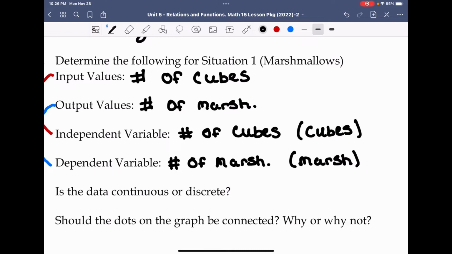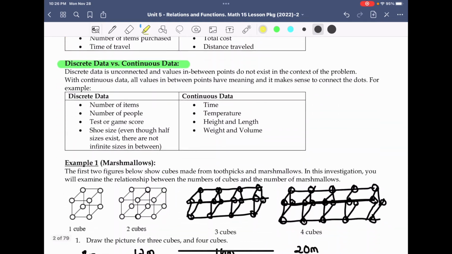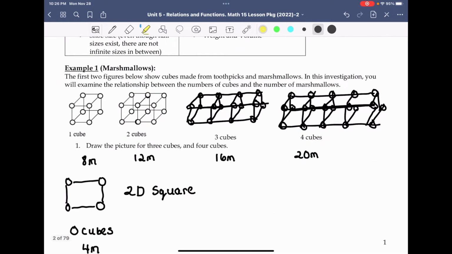Remember, continuous would mean that between the data points, we have an infinitesimally small amount that we could fractionalize it into. But with this one, we should realize that the problem revolves around, I have 1 cube, 2 cube, 3 cube, 4 cube, and a certain amount of marshmallows that corresponds to each of these diagrams. I don't break these apart into fractional amounts. I don't have a quarter of a cube and say, what is the amount of marshmallows?